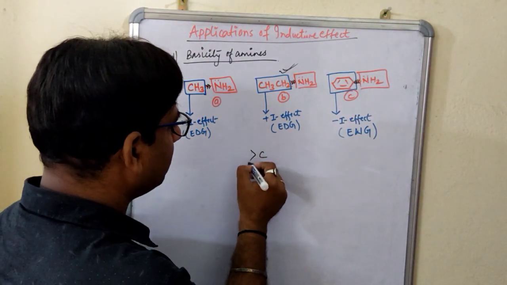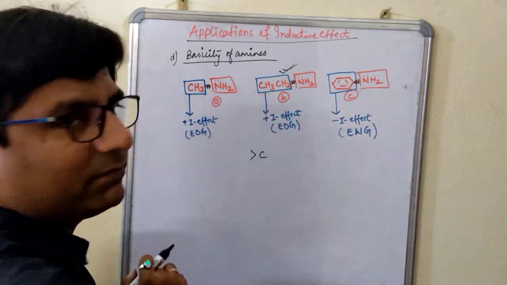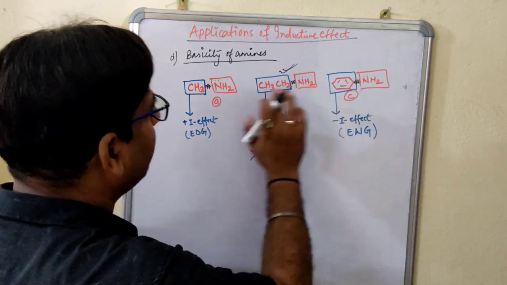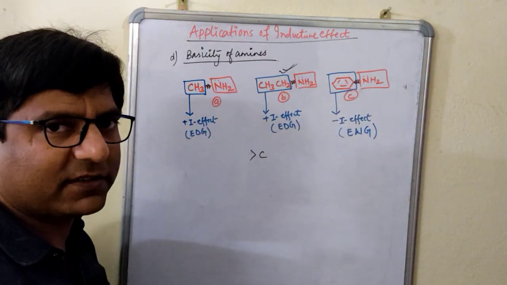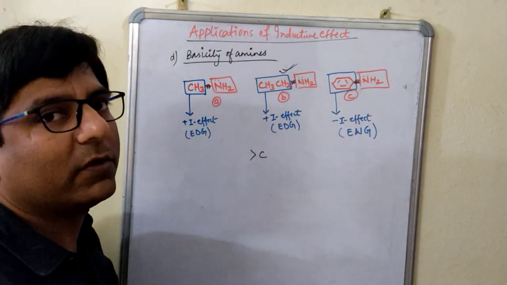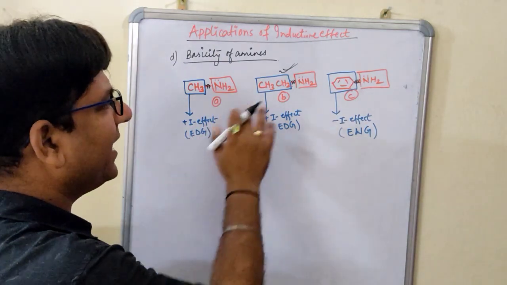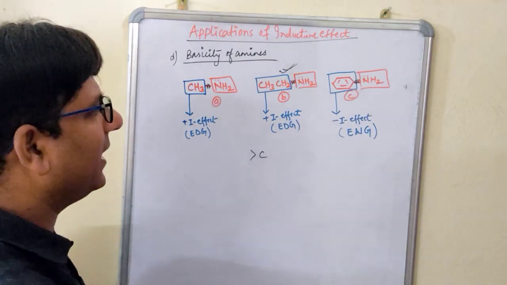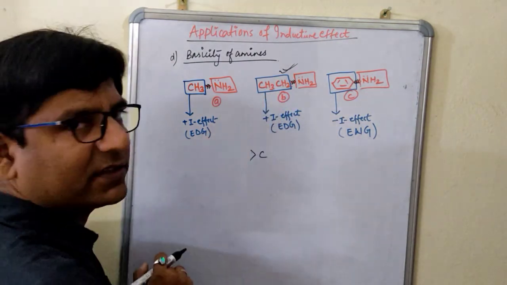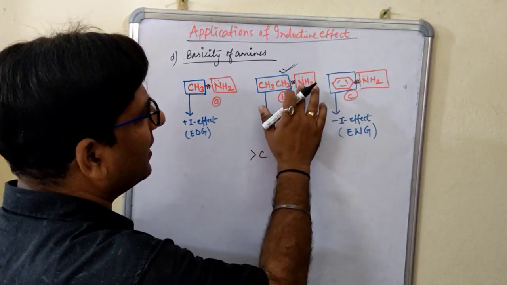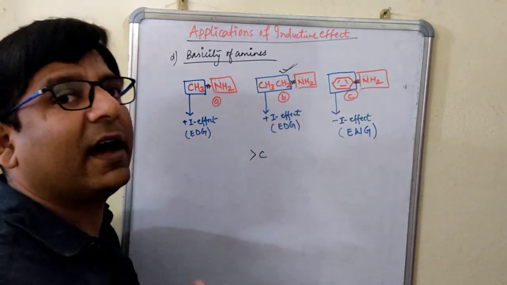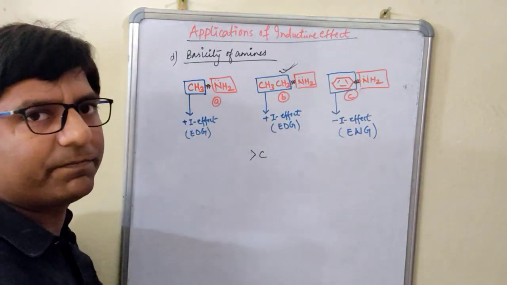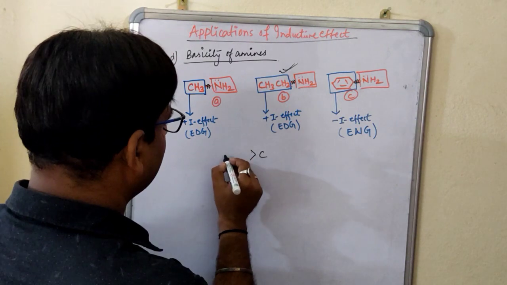Okay, now coming to A and B, already this has high electron density and this also has high electron density, but which has more electron density between A and B? Of course, as this is the senior plus I group and has more plus I effect, the electron density of this nitrogen will be the highest as compared to A. So the next will be what?